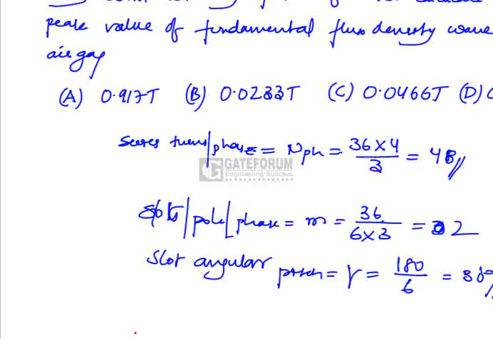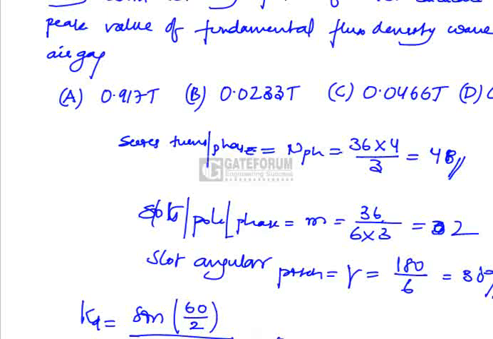Now the distribution factor Kd is equal to sine of m gamma by 2 divided by m into sine gamma by 2. Here m is 2 and gamma is 30, so sine 60 by 2 divided by 2 into sine 30 by 2.